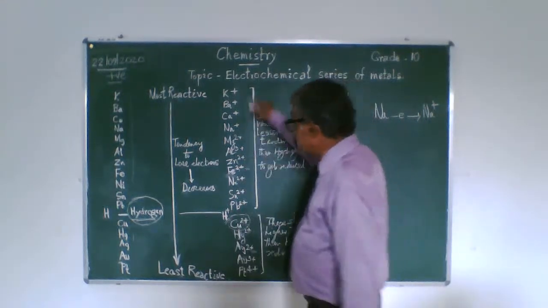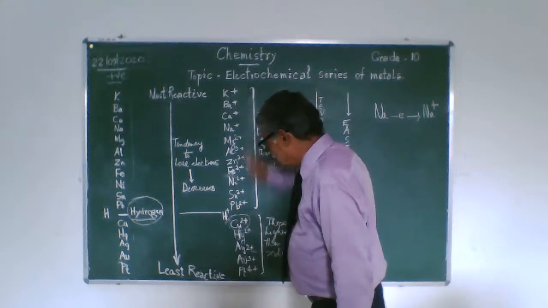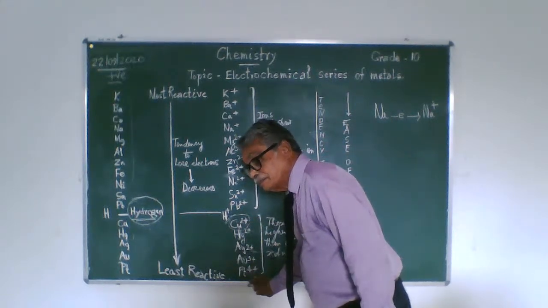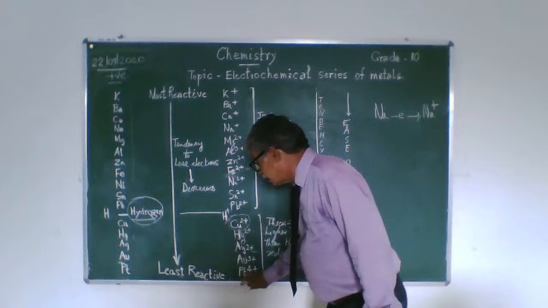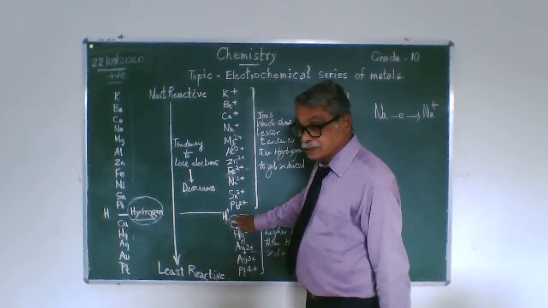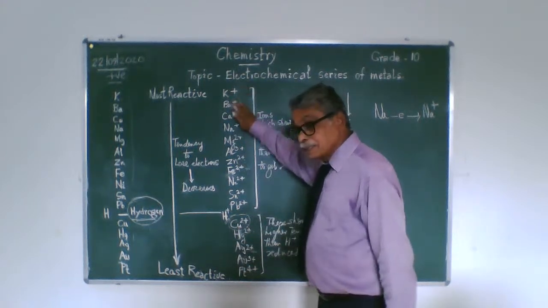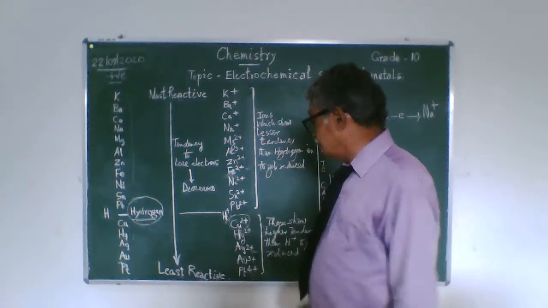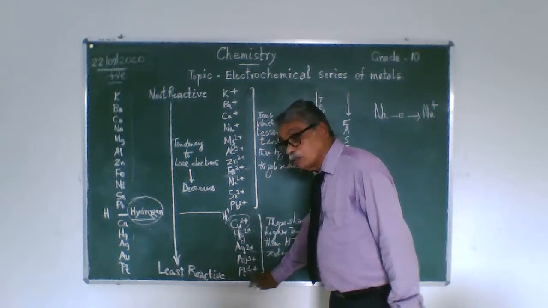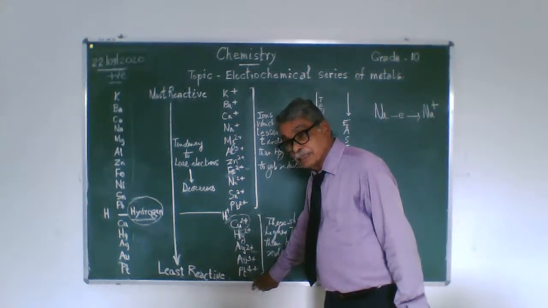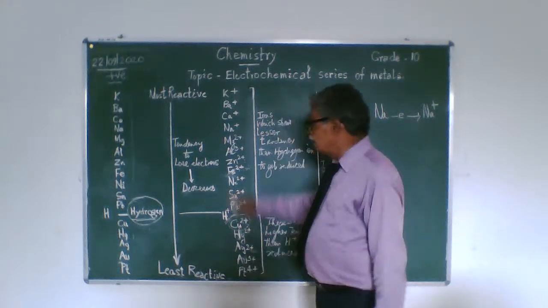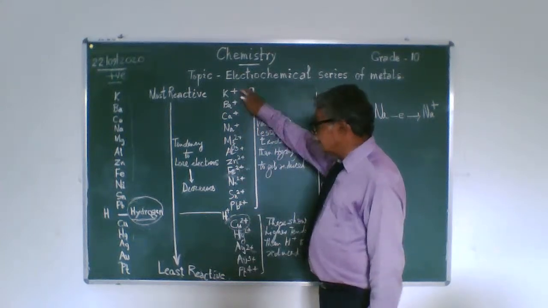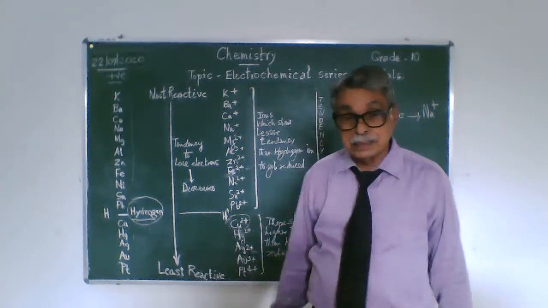Second, metals below hydrogen cannot displace hydrogen from acids, while metals above hydrogen can easily displace hydrogen from them.